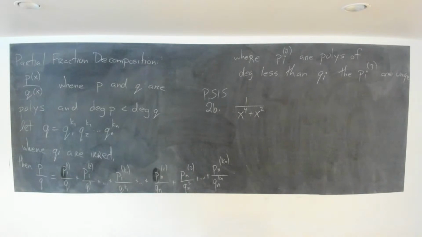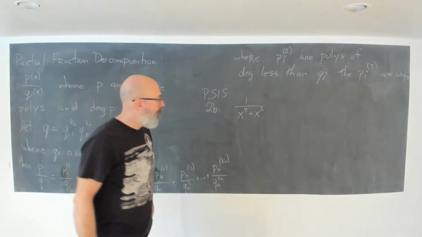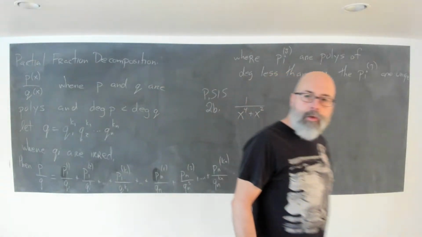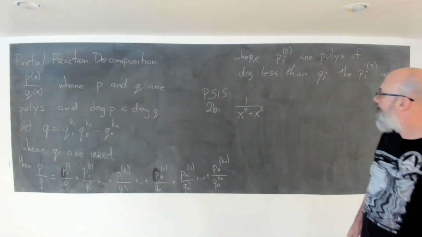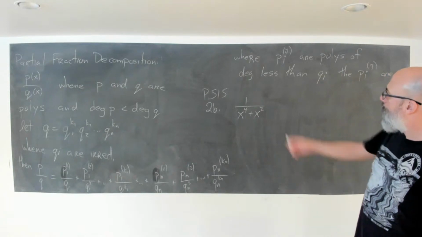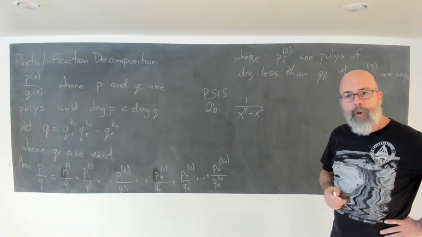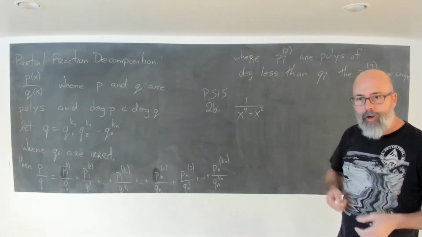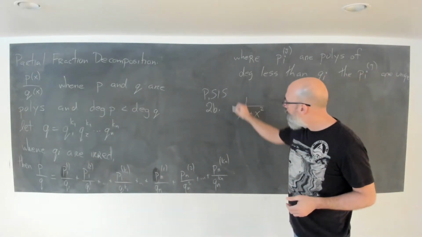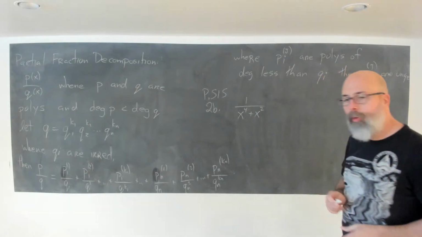But we're going to do more than that. We're actually going to solve it. And even though there's no integral here, all it's asking us is to find the partial fraction decomposition, you can very well imagine a question on the midterm which asks you to integrate this.